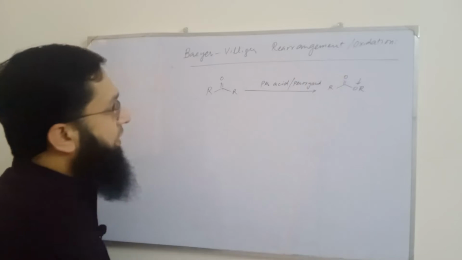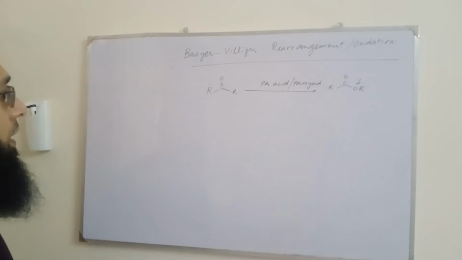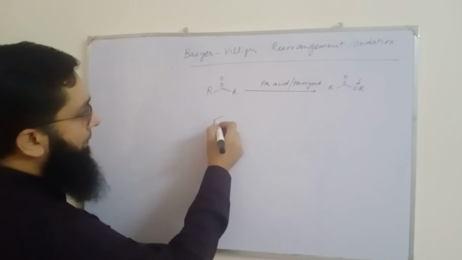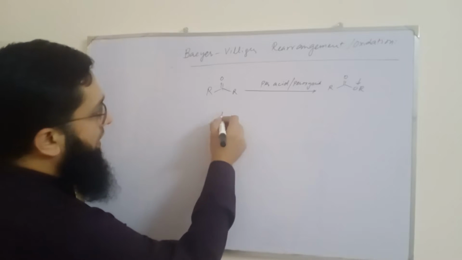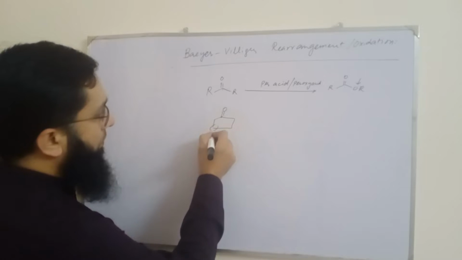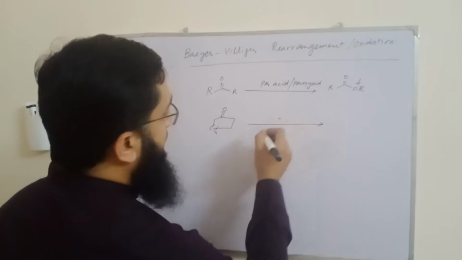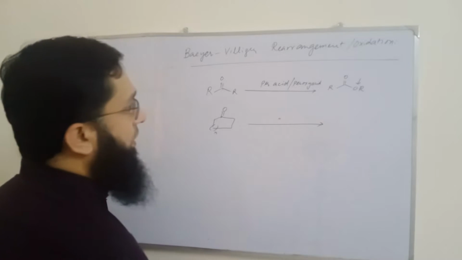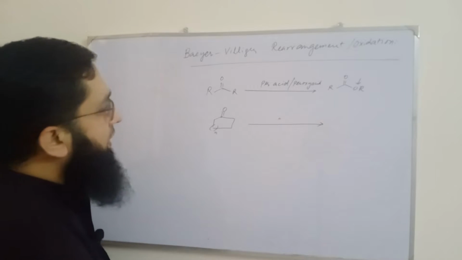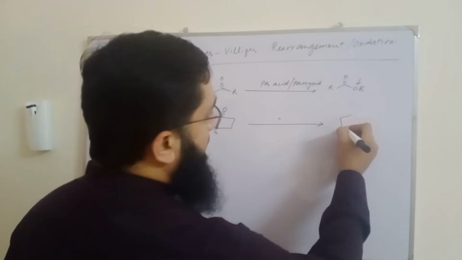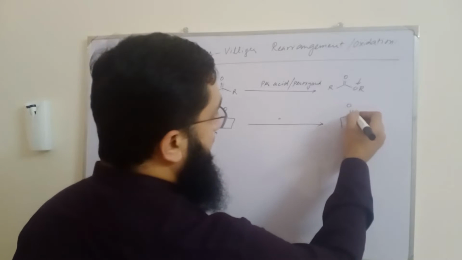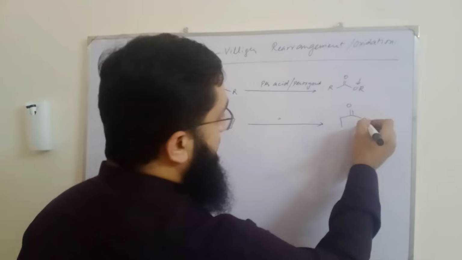Both are the same. And if we use cyclic ketone in the presence of per acid, or we can call it peroxy acid, formation of cyclic esters takes place.